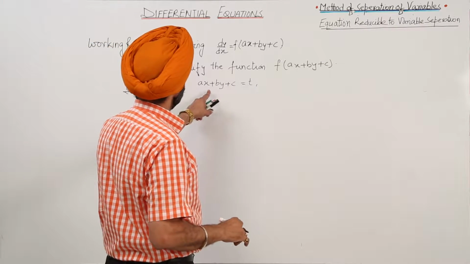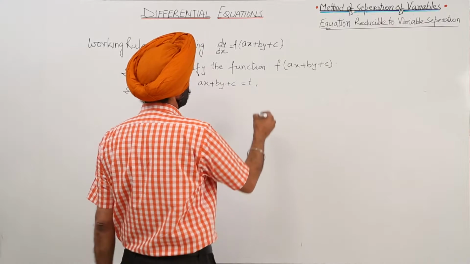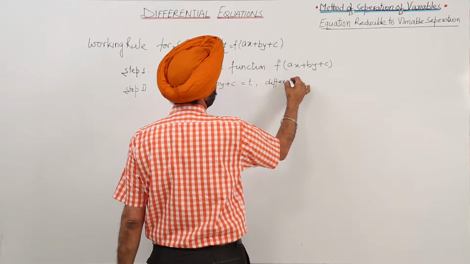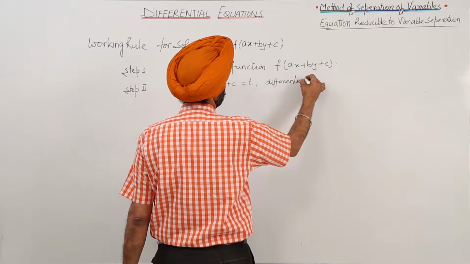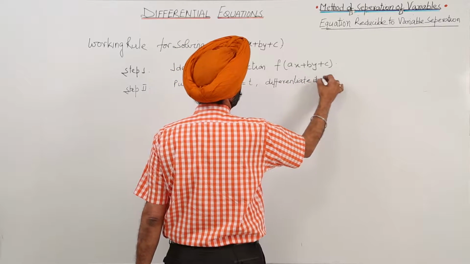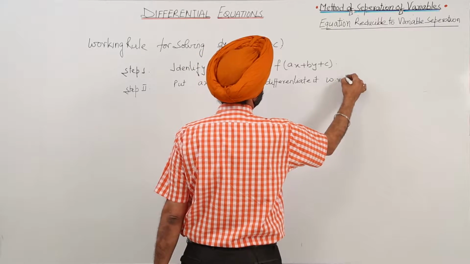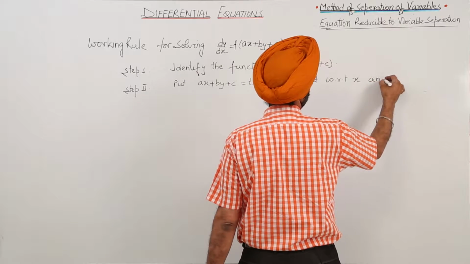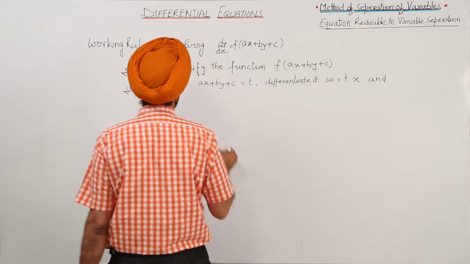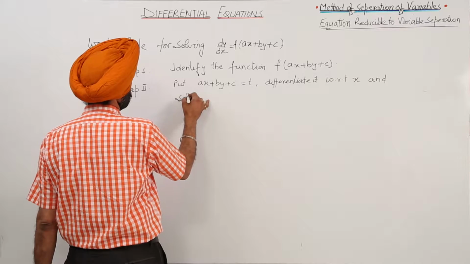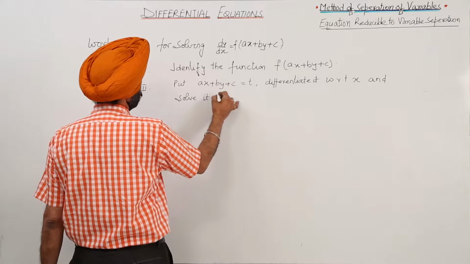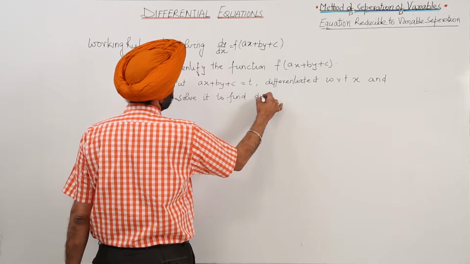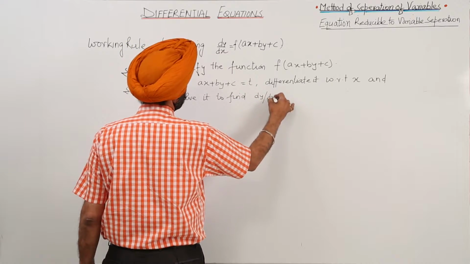Okay, put ax plus by plus c is equal to t, differentiate it with respect to x and solve it to find dy by dx.